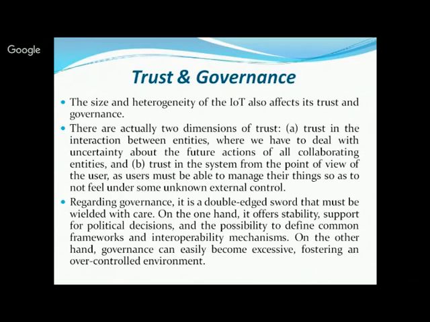Privacy is required, security is required, and trust is also required, right? Then another is governance. It is a double-edged sword that must be wielded with care. That means control also must be there, so that you can govern the whole IoT.